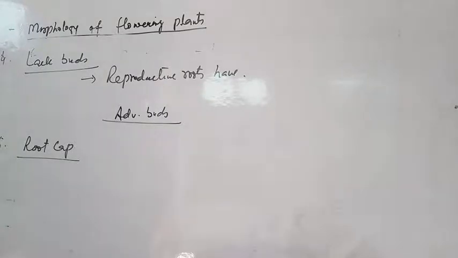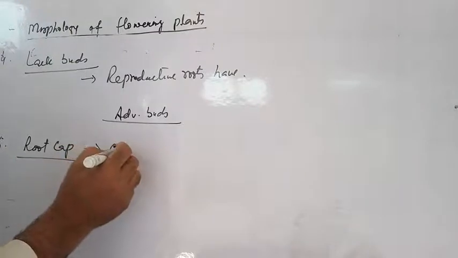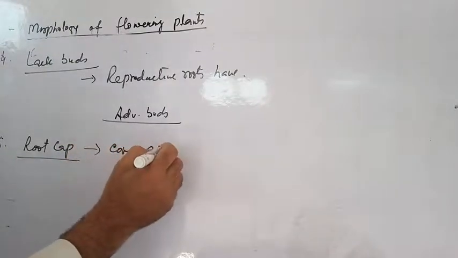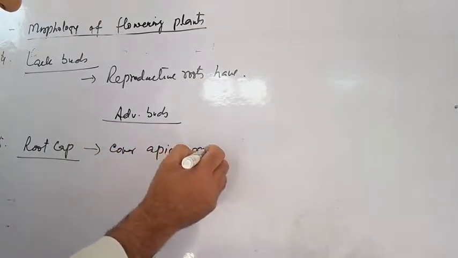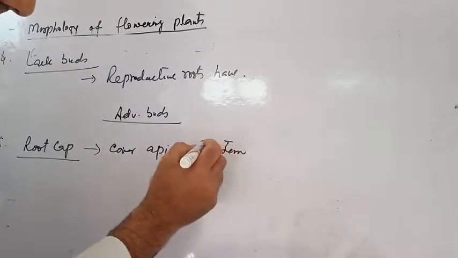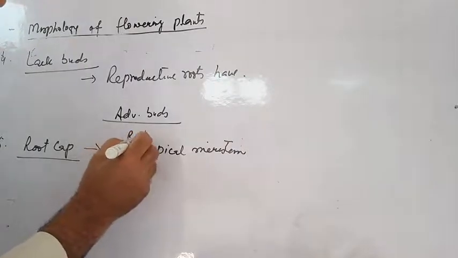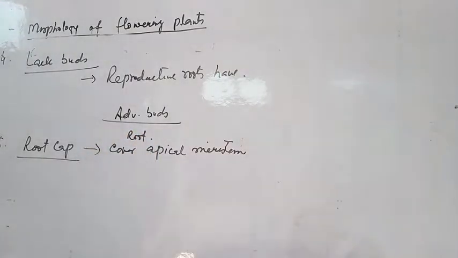It is a group of parenchymatous cells found at the tip of the root, and they cover the root apical meristem.